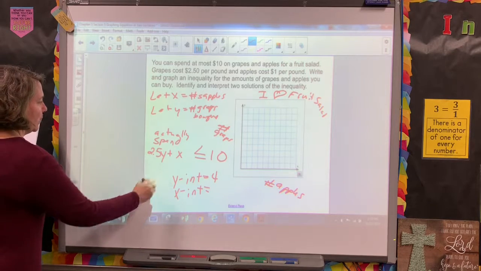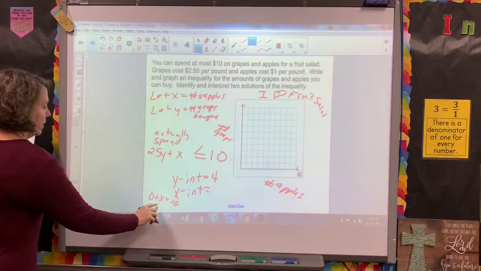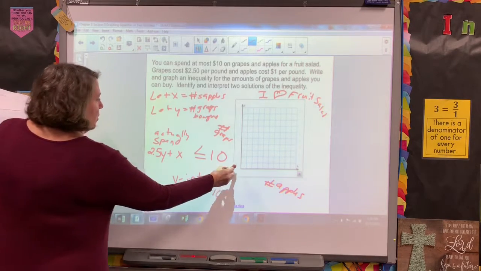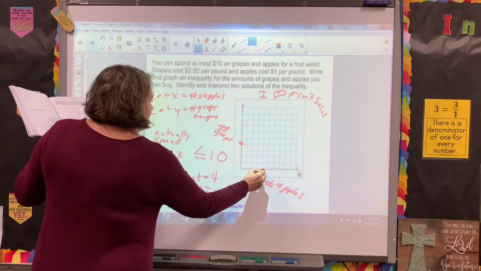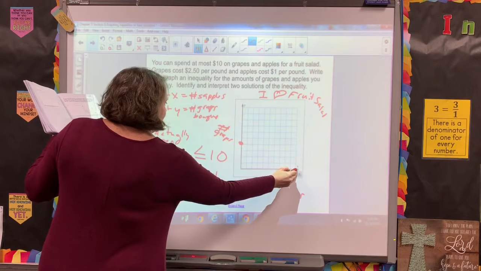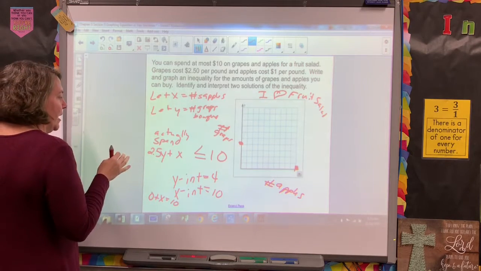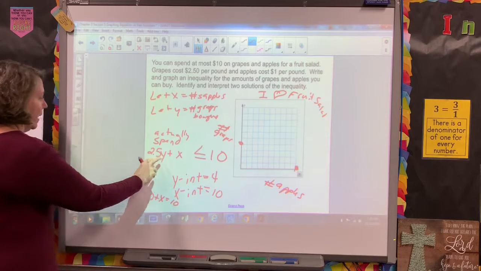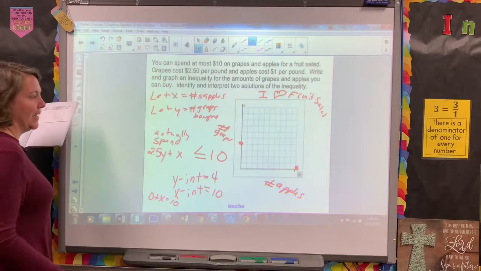If y is 0, 0 plus x equals 10. What is your x-intercept? 10. Because my coefficient of x ended up a fraction, I felt that it was easier just to find my x and y intercept.